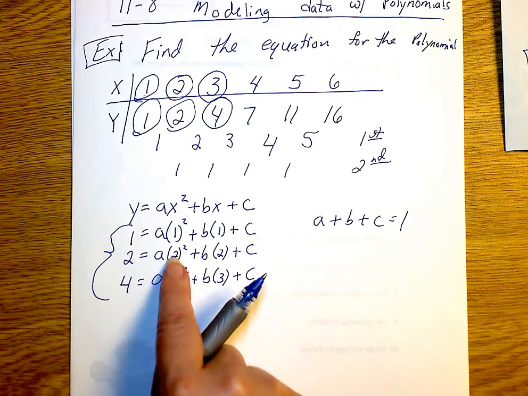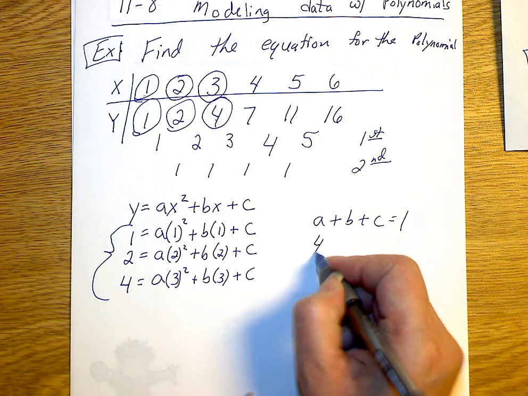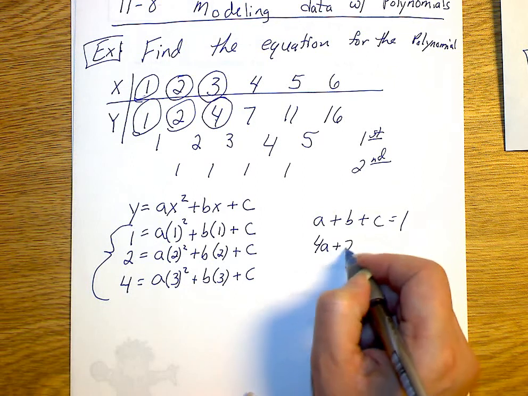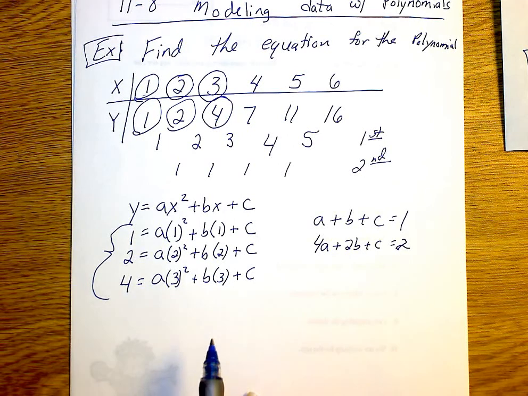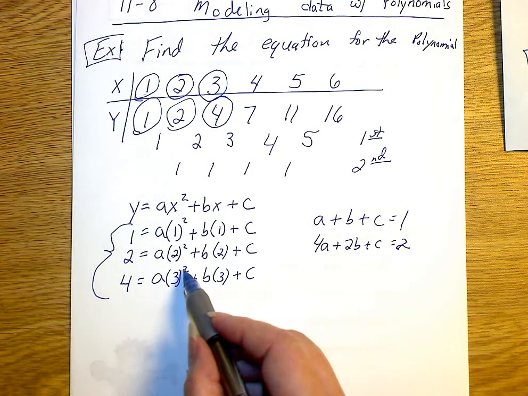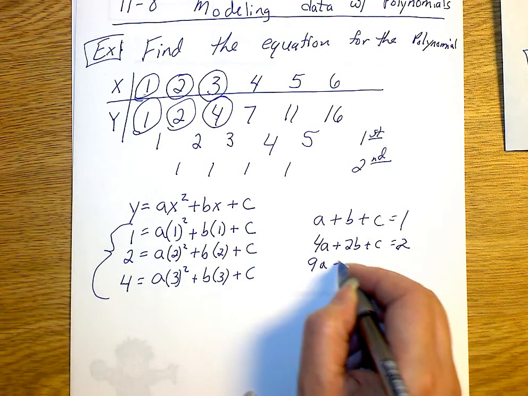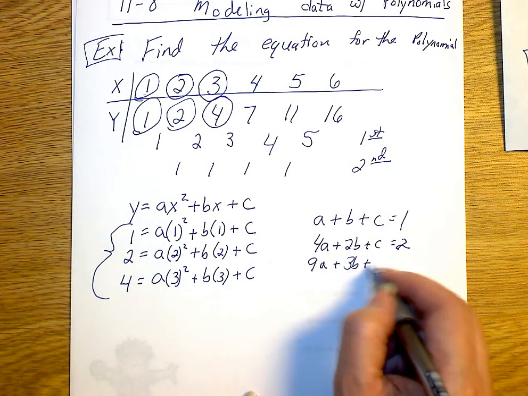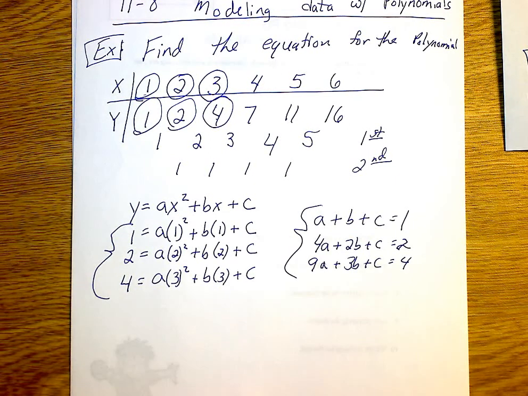Two squared is 4, so I have 4a plus 2b plus c equals 2. 3 squared is 9, so I have 9a plus 3b plus c is equal to 4. Question about that yet?